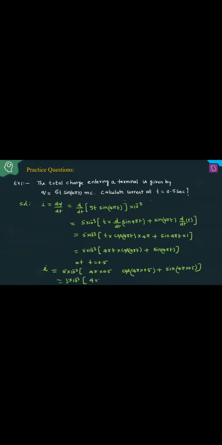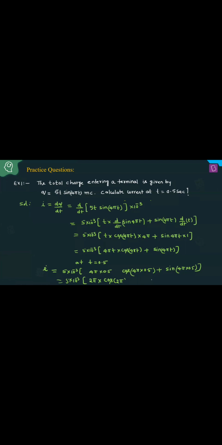Then 4 pi into 0.5 is 2 pi. So 2 pi into cos 2 pi. Cos 2 pi is 1, and sin 2 pi is 0.